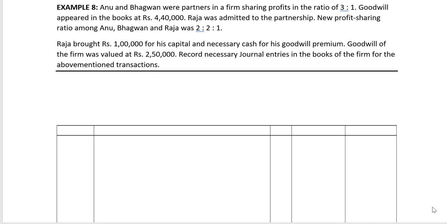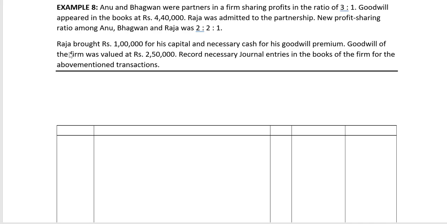Example 8. Anu and Bhagavan were partners in a firm, sharing profits in the ratio of 3:1. Goodwill appeared in the books at rupees 4,40,000. Raja was admitted to the partnership. New profit sharing ratio among Anu, Bhagavan and Raja was 2:1.